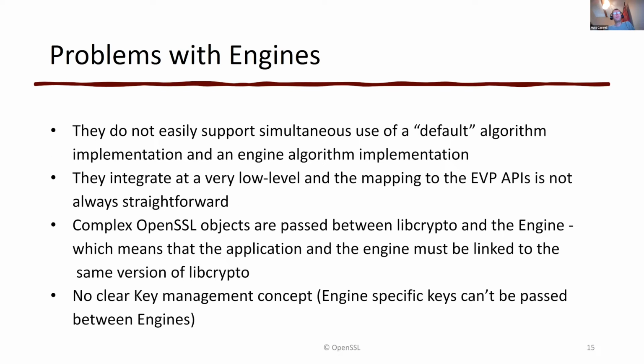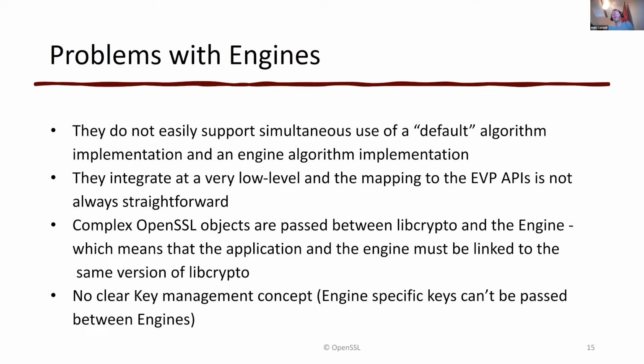There were a number of problems with the old engine API. It was difficult to support simultaneous use of a default algorithm implementation and an engine algorithm implementation at the same time. You couldn't have competing implementations easily. They integrate at a very low level, and the mapping to our EVP APIs isn't always that straightforward.